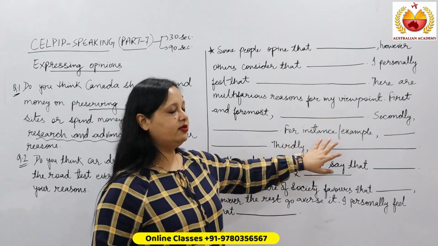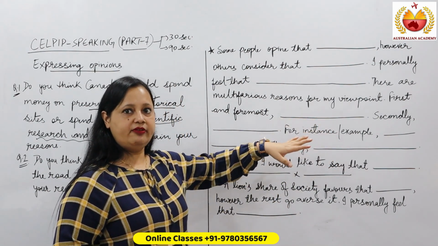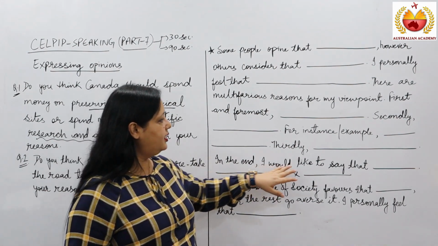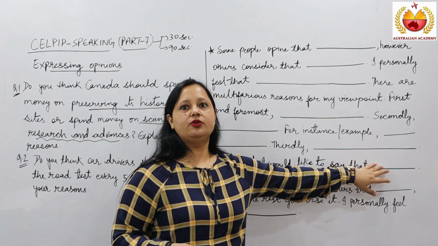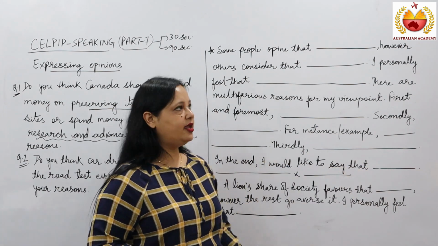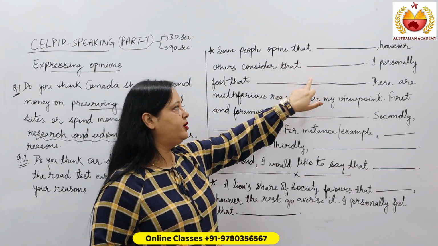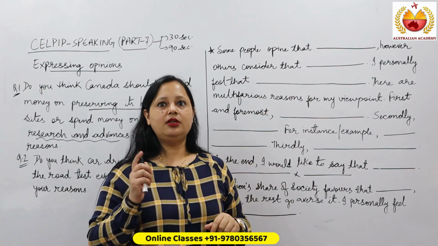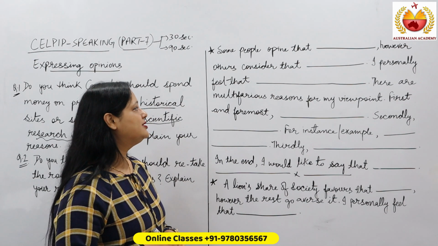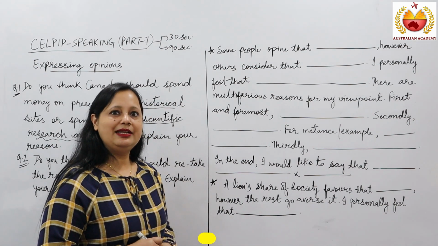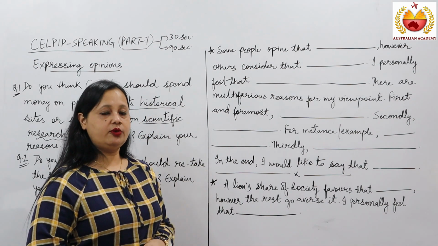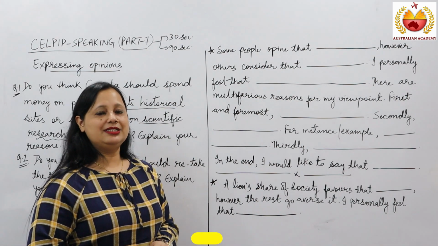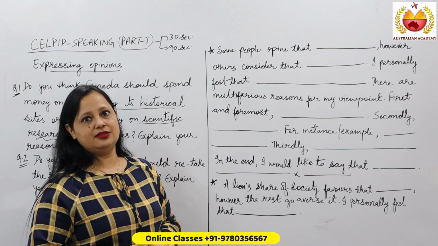Then thirdly, you can give a third reason. In the ending, you would say, in the end I would like to say that, and restate your opinion. So: first opinion, second opinion, your personal opinion, then reasons plus an example. Use conjunctions like first and foremost, secondly, thirdly, fourthly if needed, but 3 reasons are sufficient for a 90-second response.